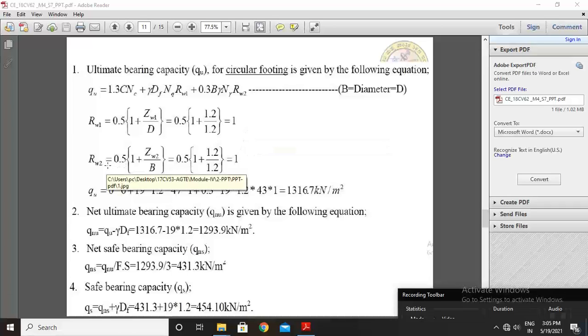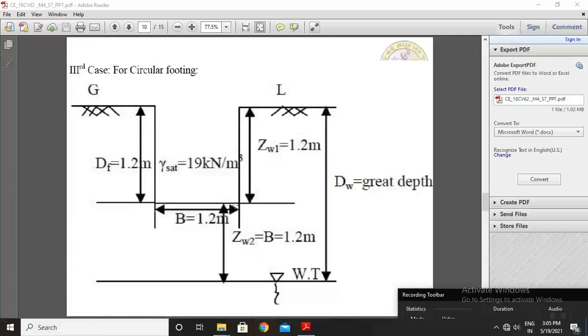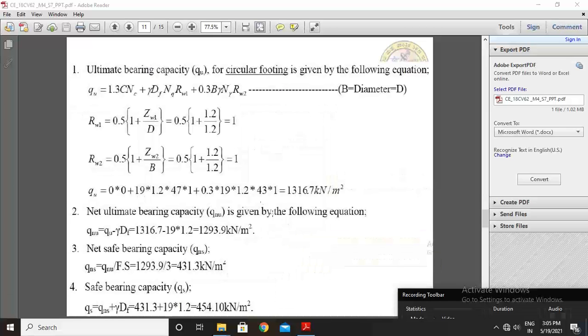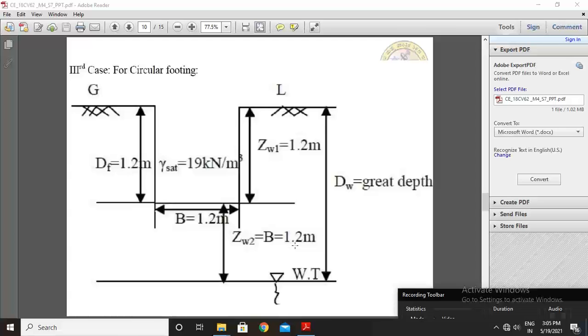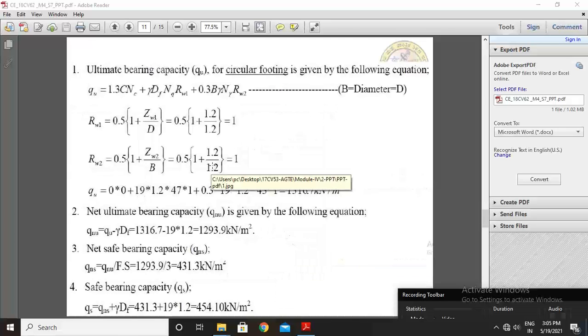Similarly, RW2 is given by 0.5 times 1 plus ZW2 by B. Here ZW2 is equal to B, which is 1.2 meter, divided by B, 1.2 meter. Solving this equation we get 1.